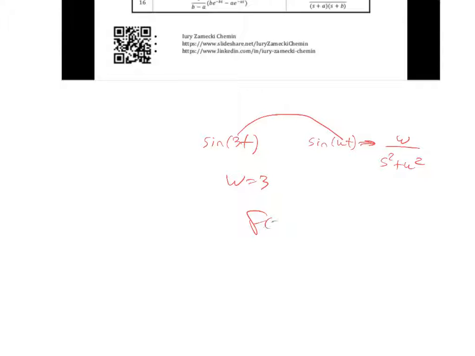So my F of s function, which is the Laplace transform of sine of 3t, is just going to be equal to 3 over s squared plus 3 squared. It's better to write it as 3 squared instead of 9 because it's going to make it a lot easier for you in terms of figuring out what's in the table. Okay? Far, far easier for you to do that.